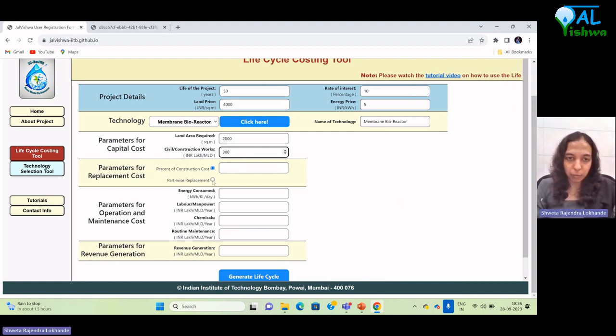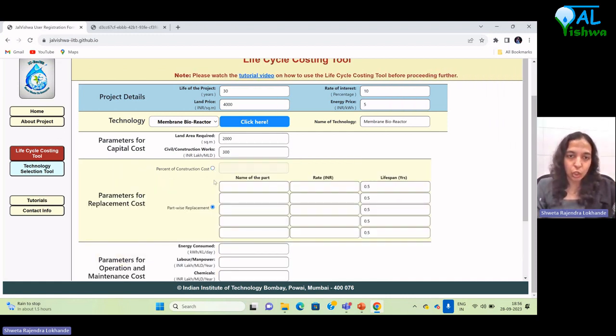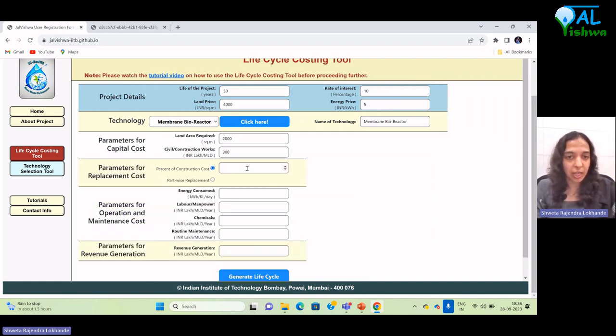Now, in case of membranes, or even for any other technology, if you have detailed data for part-wise replacement. In case of percentage of construction cost, as I mentioned earlier, the assumption here is that you are replacing after 15 years.